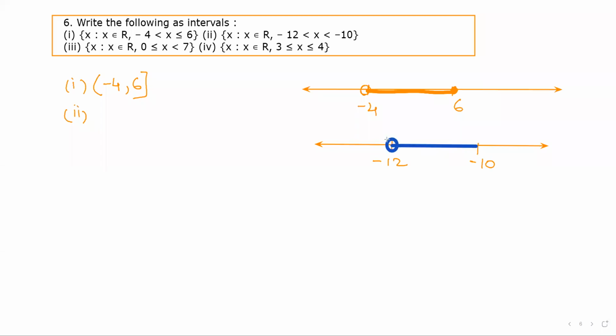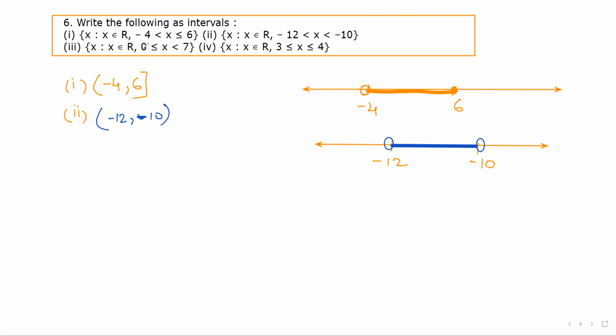Both are hollow. It is round bracket minus 12, comma, minus 10.